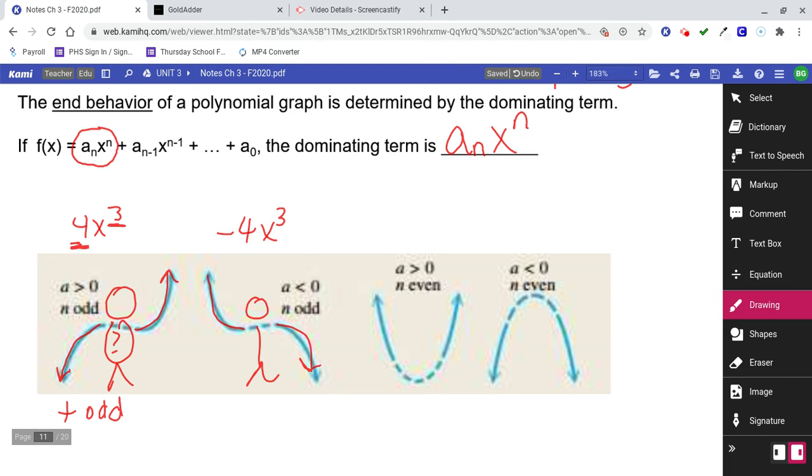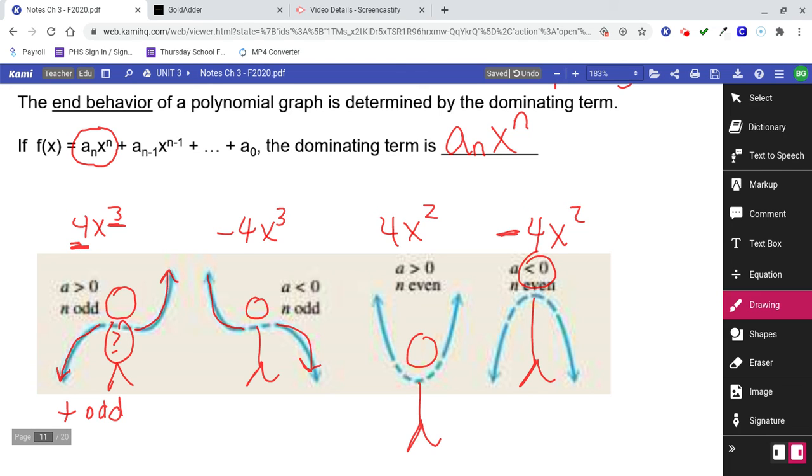If you have a positive and even, you can think of it like a touchdown. The referee puts his arms up in the air, and that's a touchdown function, a parabola. That's a positive even. But if it's a negative even, you put your arms down.